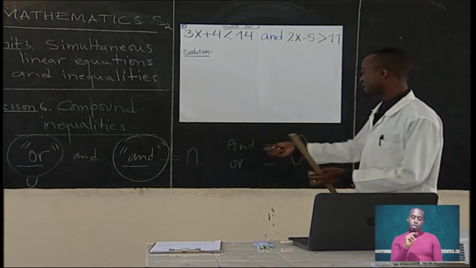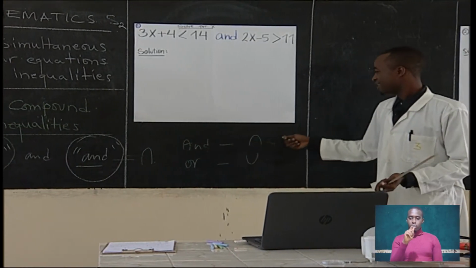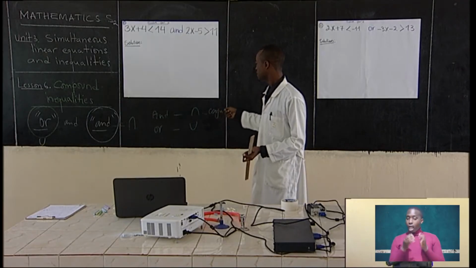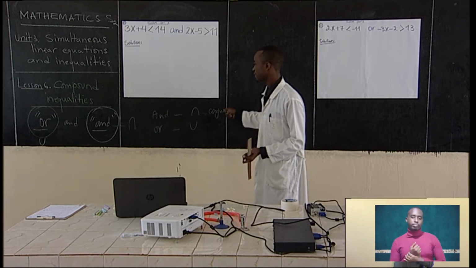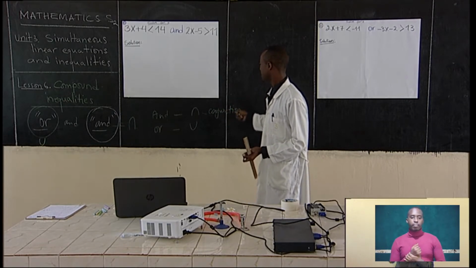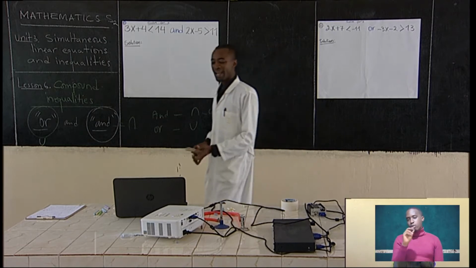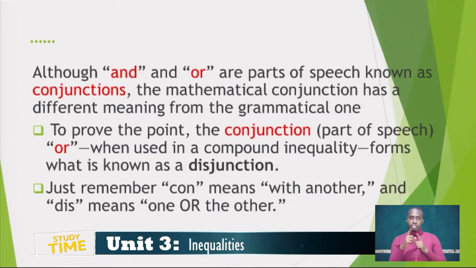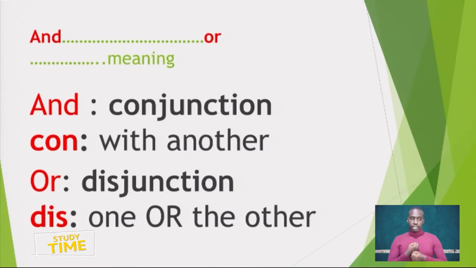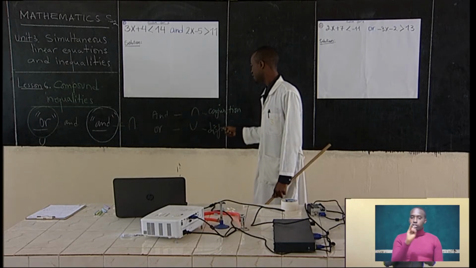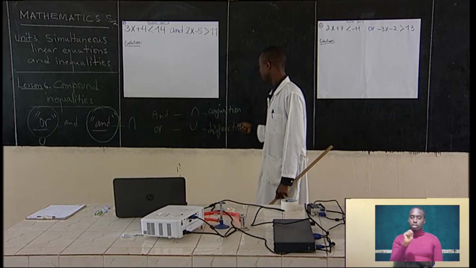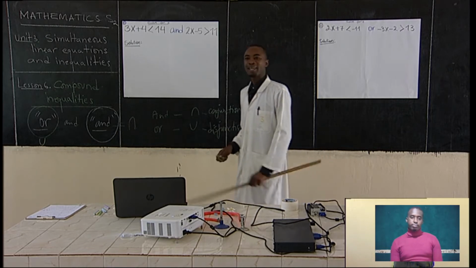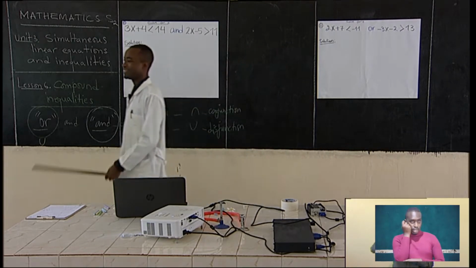It means if I have this and, I will have the word conjunction. And whenever I have the word or, we will see it later. When I have that word or, we call it disjunction. Disjunction. And I want you to understand this.